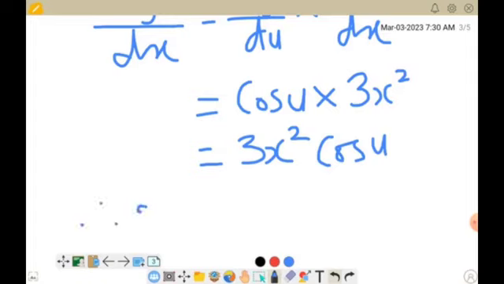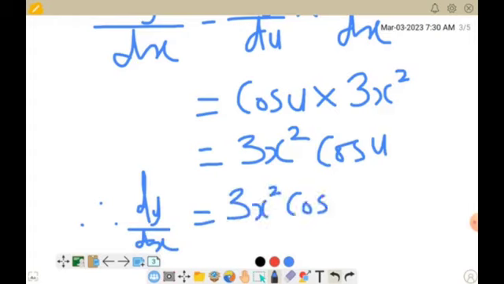Therefore, dy/dx will be equal to 3x squared cos, what is u? U is x to the power of 3. This is the derivative of the function y equals sine x cubed.